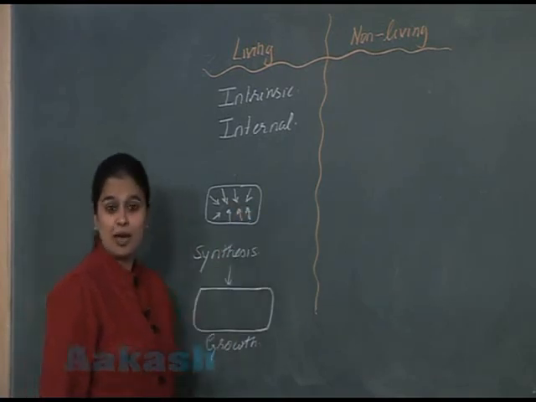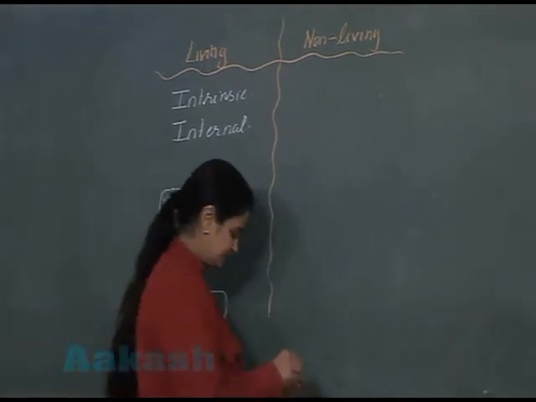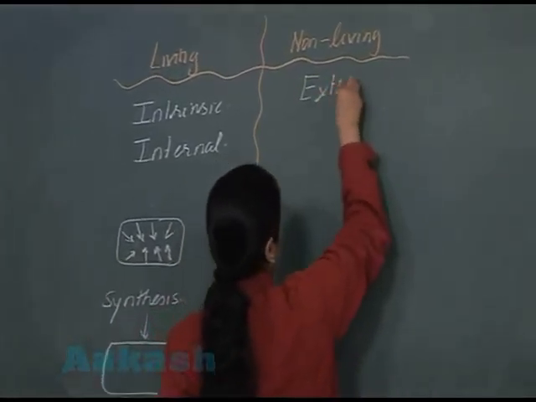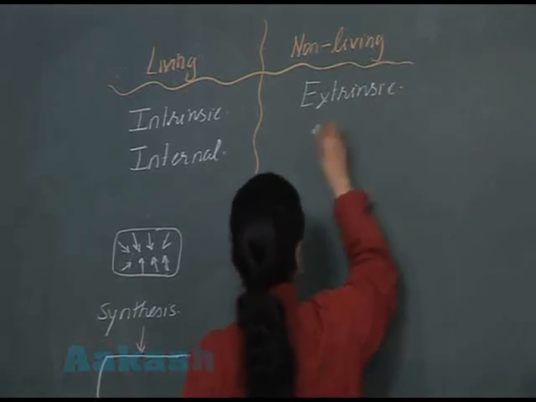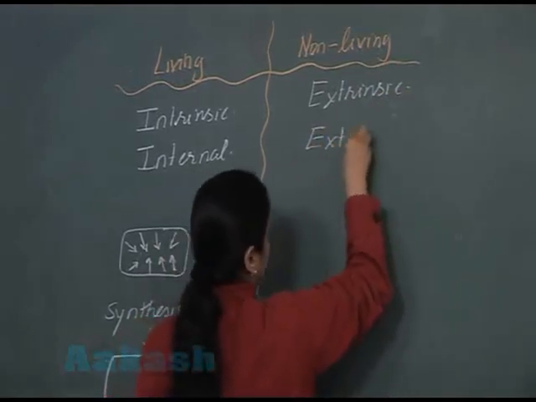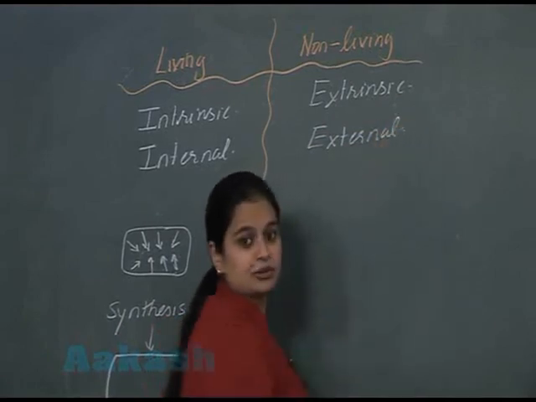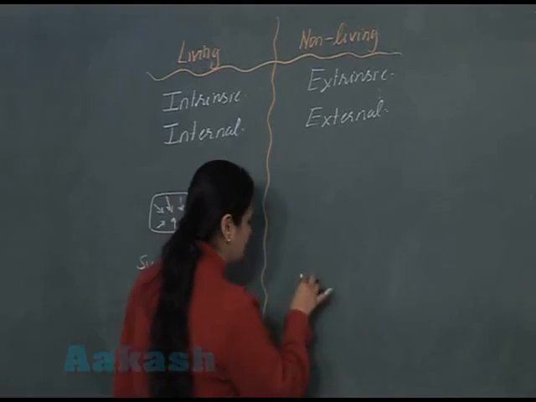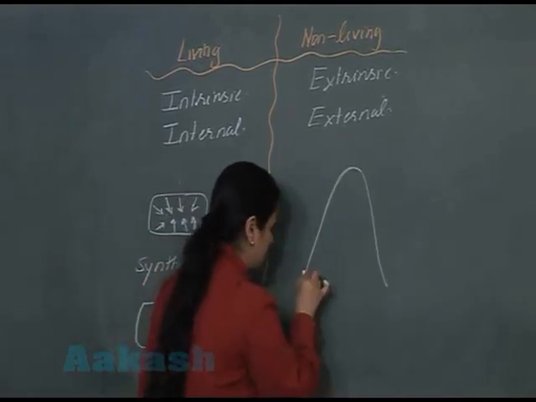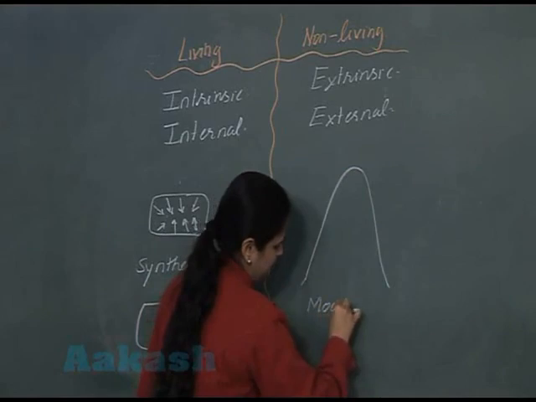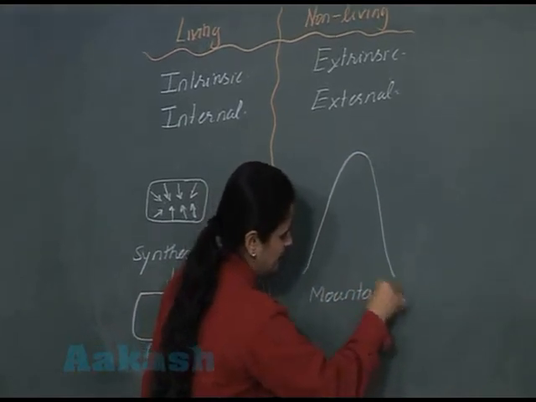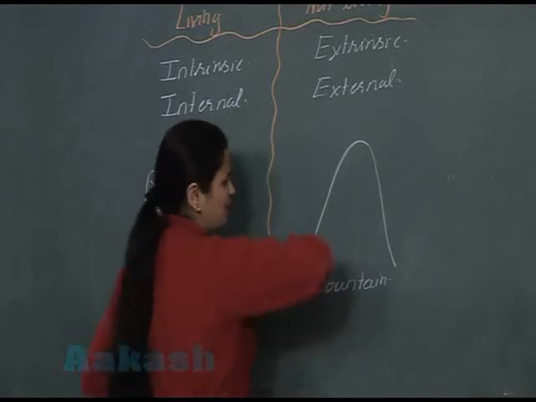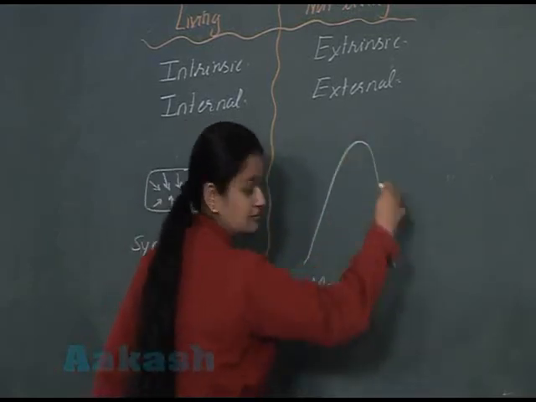Let's look at what is going to happen in non-living objects. In the non-living objects, growth is extrinsic. External growth. Now this growth is seen in the case of mountains. Let's say this is a mountain. With the due course of time, the size of the mountain will increase. How will it increase? Due to the addition of substances.